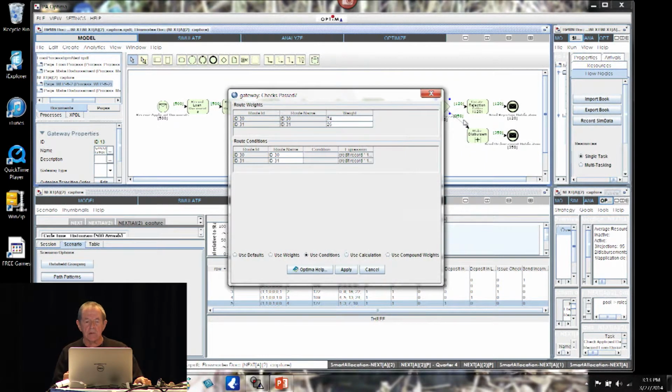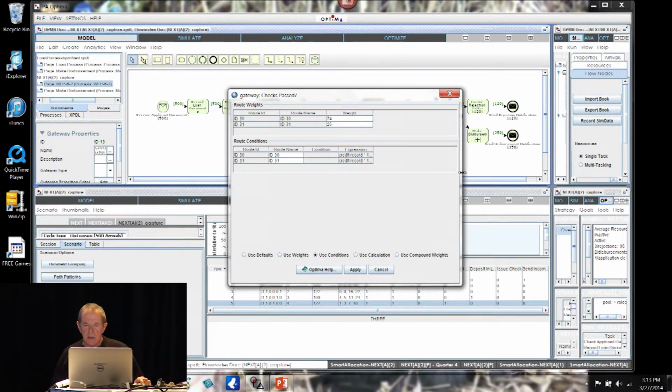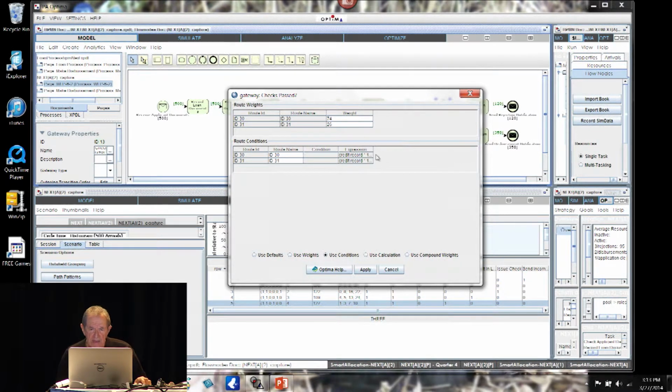And I'm going to look at the rule. Now, keep in mind, this didn't come out of a model that somebody put a rule in. This came out of the histories. And we look at it, and we see that there are a number of different ways in which gateways can work in Optima, and the one that's being selected here is called using conditions, which means conditions on the outgoing gates.